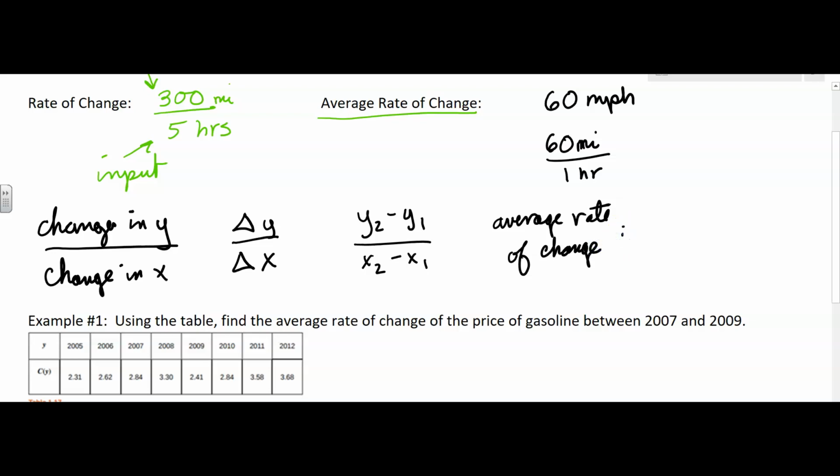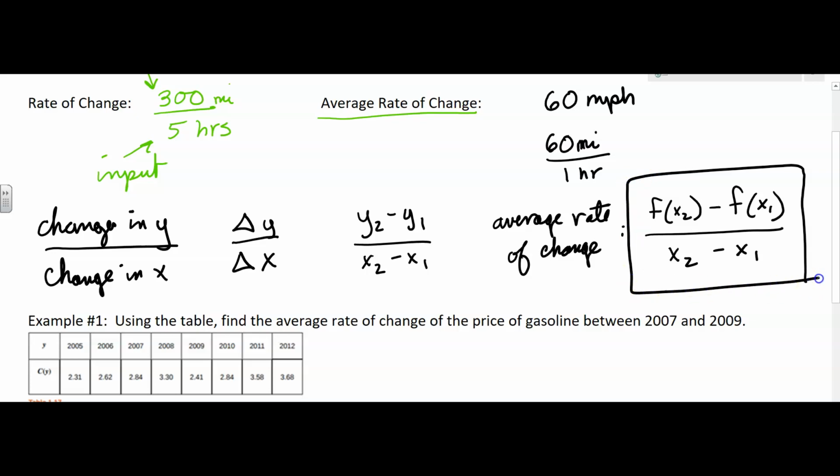And so to find the average rate of change, we're going to say it's f of x sub 2 minus f of x sub 1 over x sub 2 minus x sub 1. And so this is the formula that we'll be using for average rate of change. And you can see that it's very similar to the slope formula.